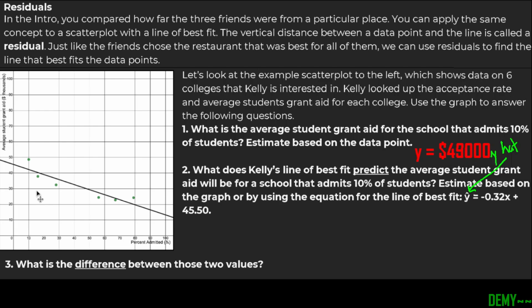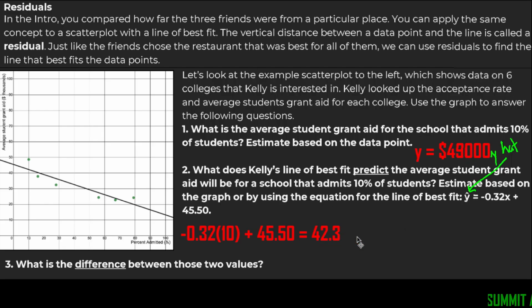Then we can estimate it and say, I think it's maybe around 43,000, or 42,000 maybe, but in math we can get our definitive answer. So I'm going to take that x value, which we plug in as 10%, because that's what we're using on the x-axis. I plug in that value for x, and then I solve, and I get 42.3.